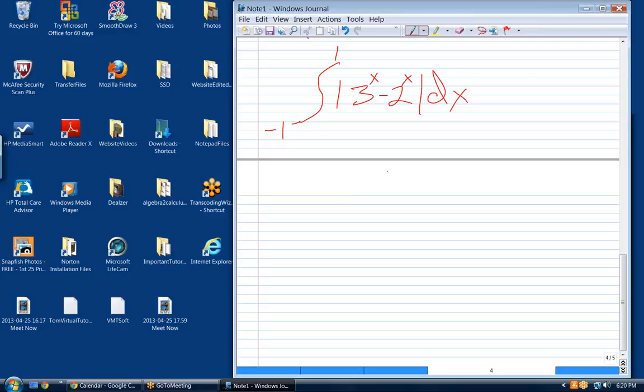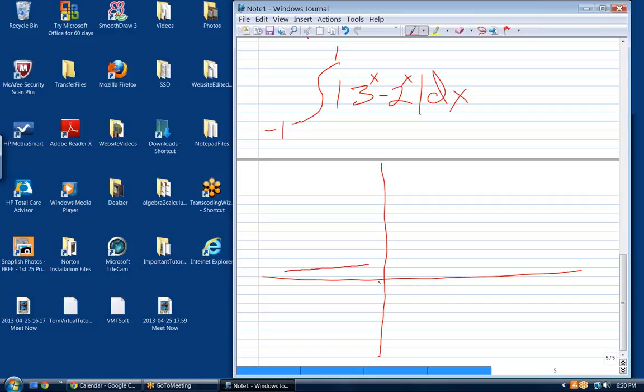So we need to evaluate this, or we need to figure out what it represents graphically? Both. Let's do the graphical part first, because it also says sketch the region. I think I have a graph of it.